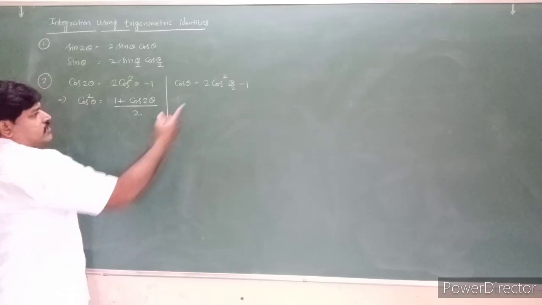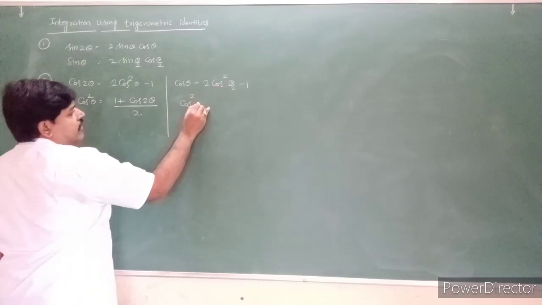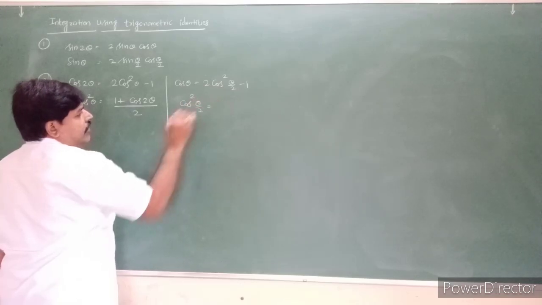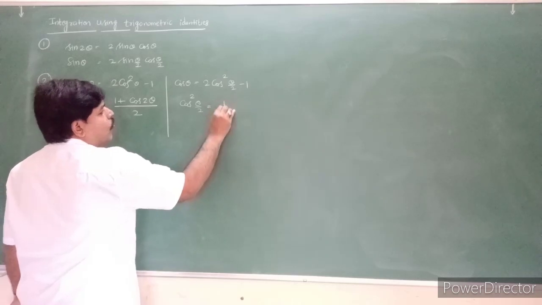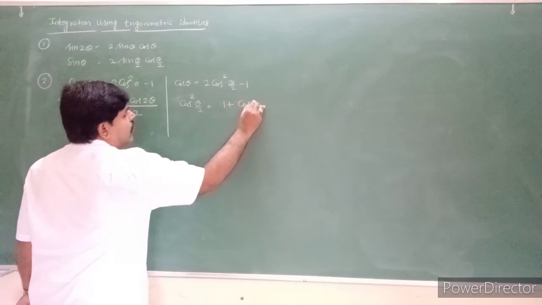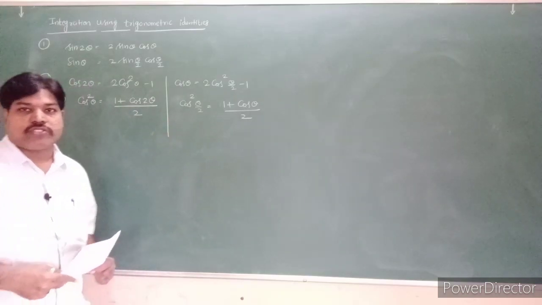Similarly, cos square theta by 2 can be written as 1 plus cos theta by 2. Understand the difference between these two formulas, students.